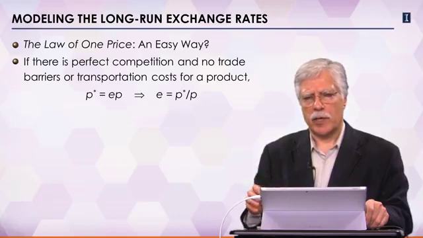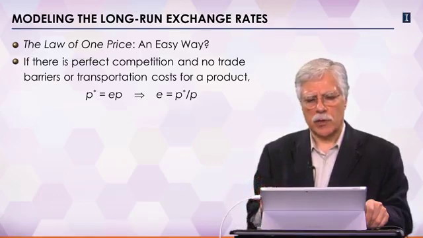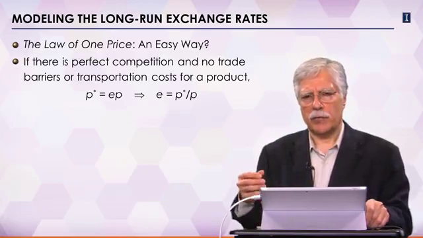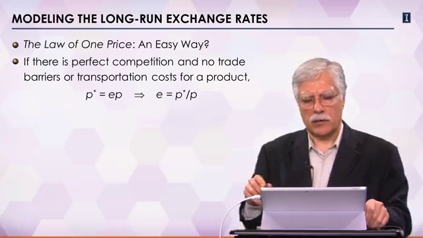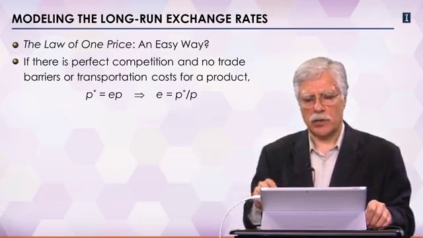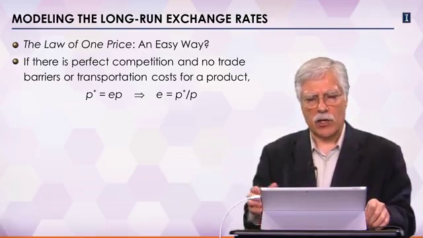Given the assumptions we've made about transaction costs between these two economies, it must always be true that P star is equal to EP, meaning that if we buy the good at price P in this economy, turn it into foreign currency, that becomes EP, we get exactly the same price for which the product is being sold in the other economy. The reason for this claim is what is known as arbitrage.